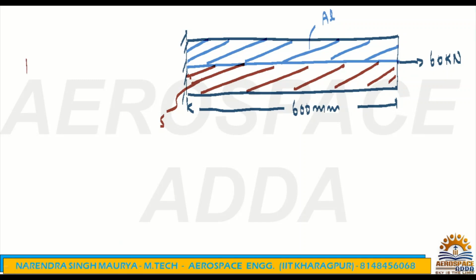If you remember the key points for the compound bar, what is P1 by P2 coming to here? P1 by P2 is 0.44, is that coming?